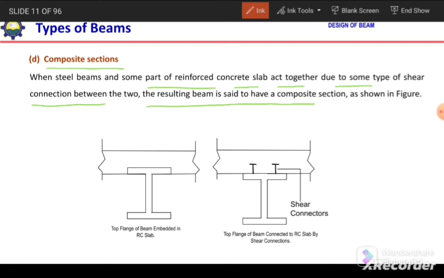If we embed the compression flange of W section in the concrete, or if we connect the concrete slab and this flange by using these shear connectors, in that case some part of this slab will act to resist the flexural stresses. So if some part of slab is also resisting the flexural stresses, then this beam will be termed as a composite beam.